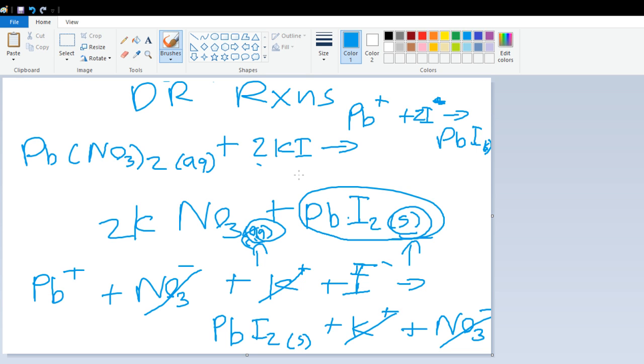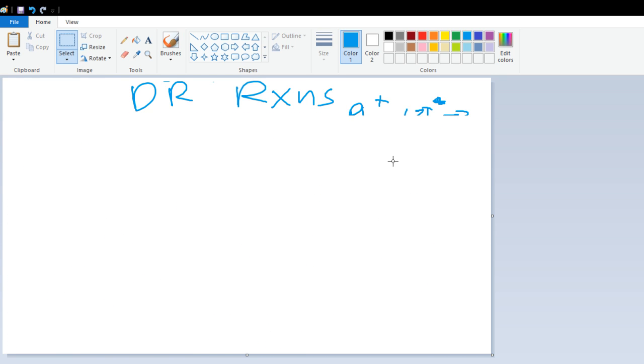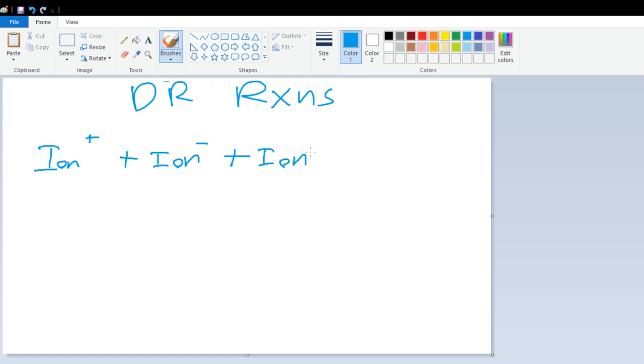Now then, if both products are aqueous, and so I guess I lied, it's not everything you need to know yet. If both of them are aqueous, then no reaction has occurred, because you put four ions together, right? So let's say I've got ion plus, and another ion minus, and ion plus, and another ion minus, and all I got was this exact same thing.